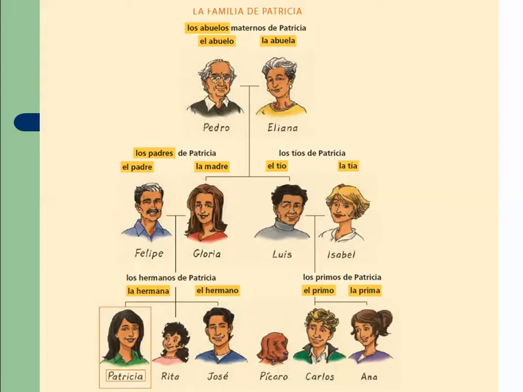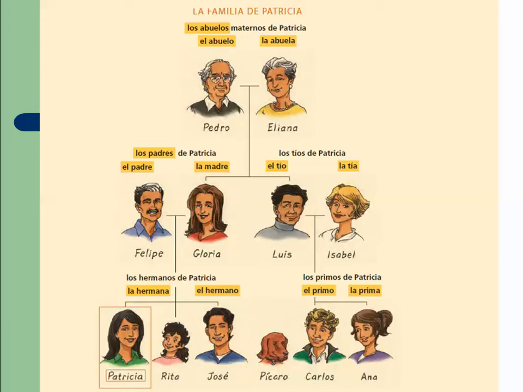So that's everybody in relation to Patricia. You don't have to stick with Patricia only. You can go to Gloria, for example, and you can say Luis es el hermano de Gloria, right? So Luis is the brother of Gloria. Well, how about who's Felipe for Gloria? So Felipe es el esposo de Gloria. Or you can say Patricia es la hija de Gloria.